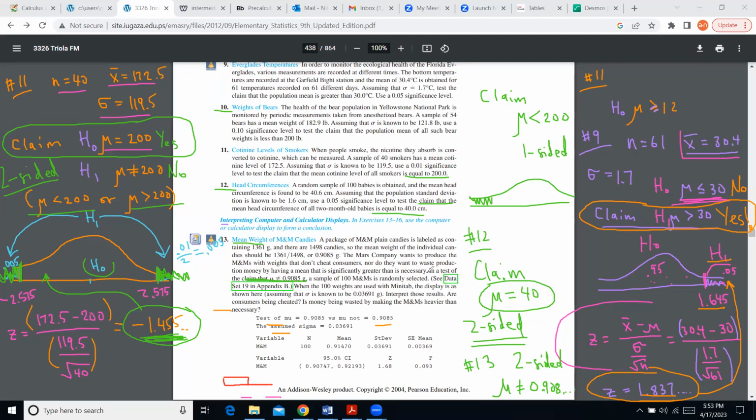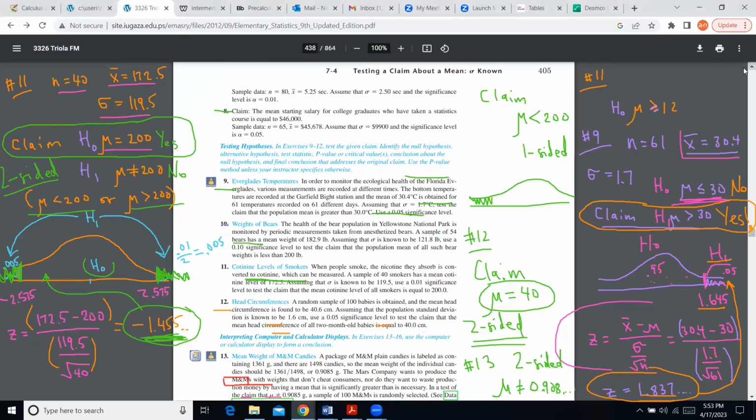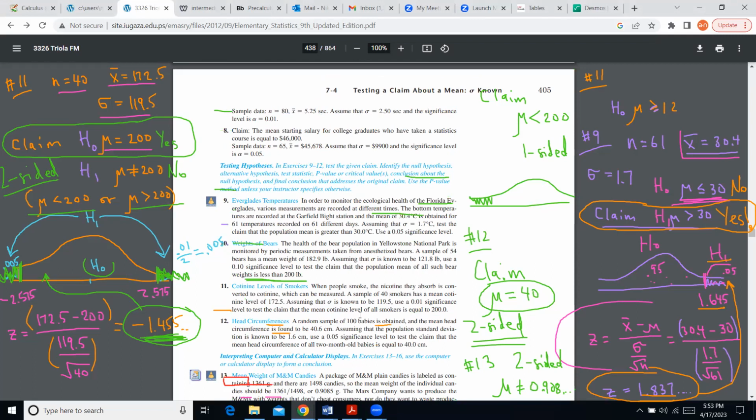So how about if you tell me one-sided or two-sided? I think that'd be interesting if you take a look at exercise number 8. So tell me here, we have equal to 46,000.